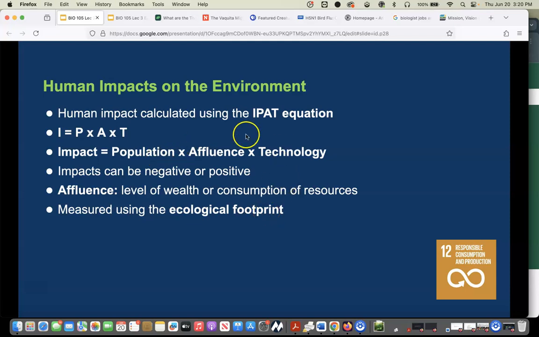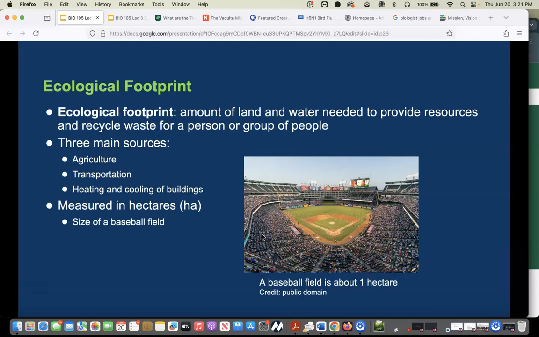So when we are measuring affluence, and I could have been more clear on this in the slide, it is measured using something called the ecological footprint, okay?